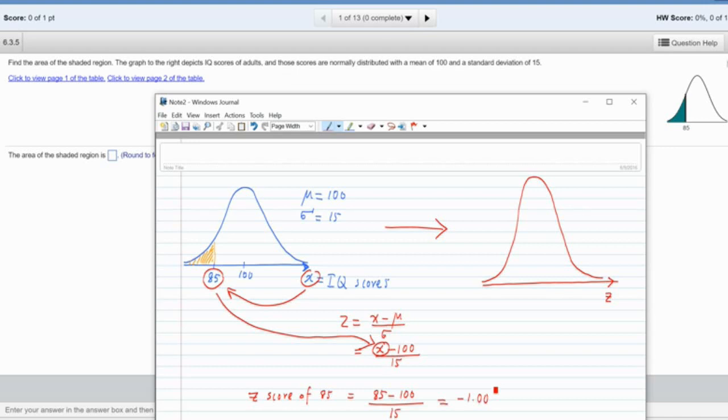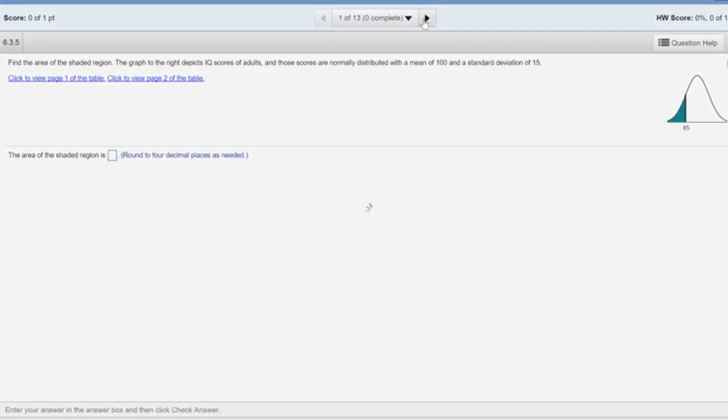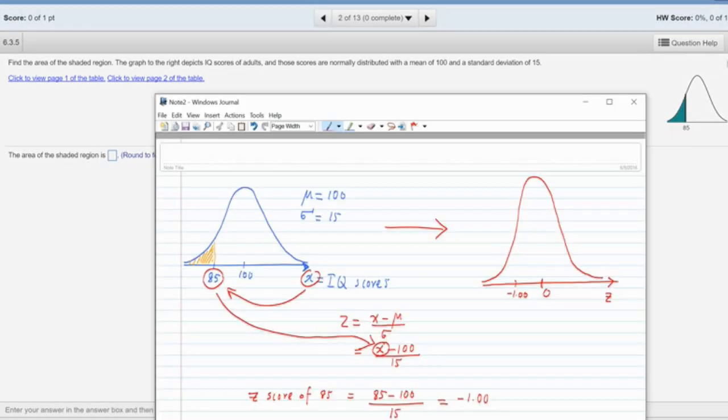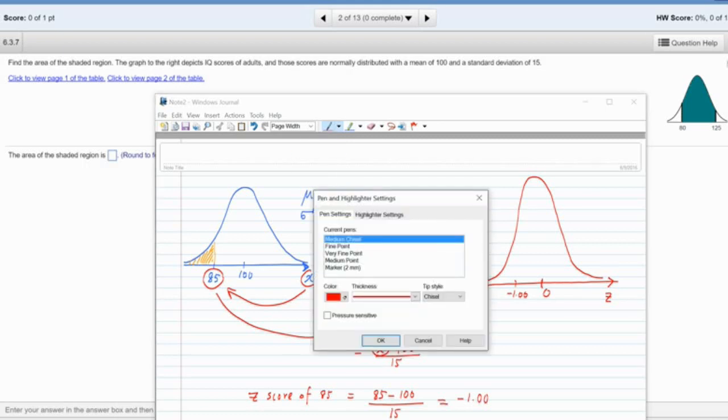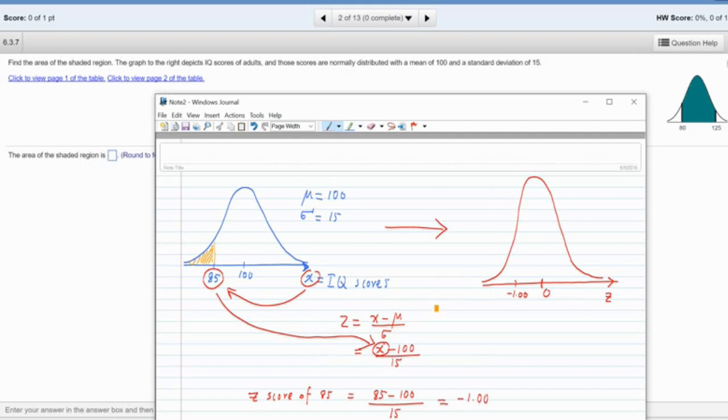This -1.00 is somewhere here. Remember, in the standard normal distribution, the 0 is in the middle. From the theorem that I explained in the earlier presentation, the area under the normal distribution is the same as the area under the converted standard normal distribution.